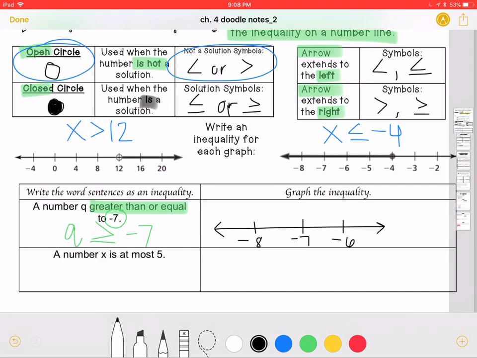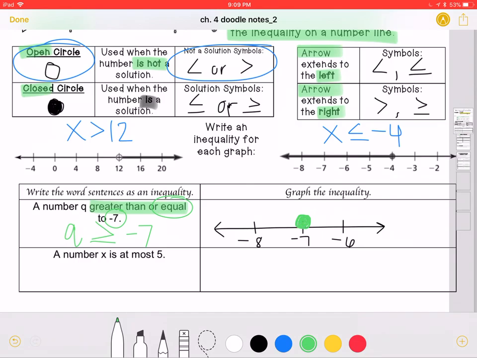And now we have to actually mark up this graph. Q is greater than or equal to -7. So we're at -7, that's where your point or circle should go. Should it be filled in or open? Well, it can equal it, so we should fill it in.